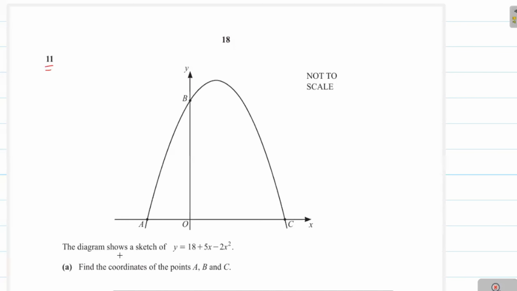Question 11. The diagram shows a sketch of y equals 18 plus 5x minus 2x squared. Find the coordinates of A, B, and C. For point B, the x coordinate is 0. Therefore, in the equation y equals 18 plus 5x minus 2x squared, it becomes 18 plus 0 minus 0, which is equal to 18.